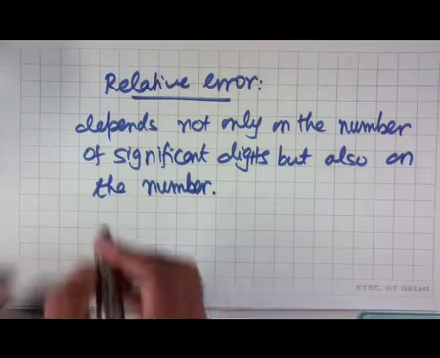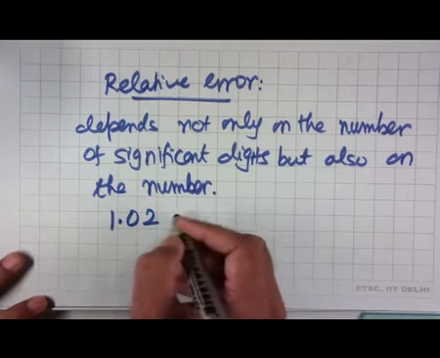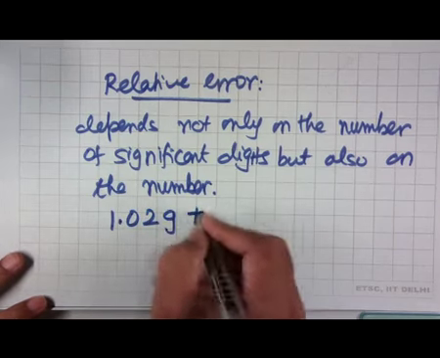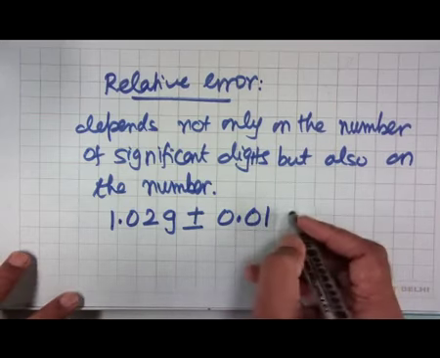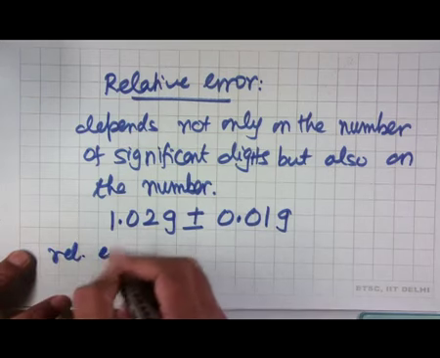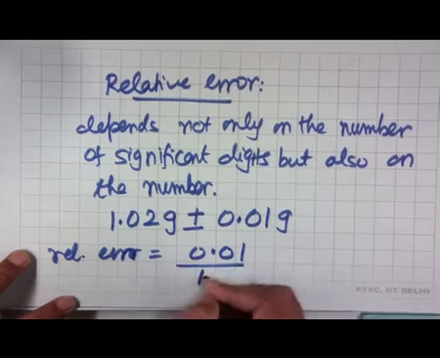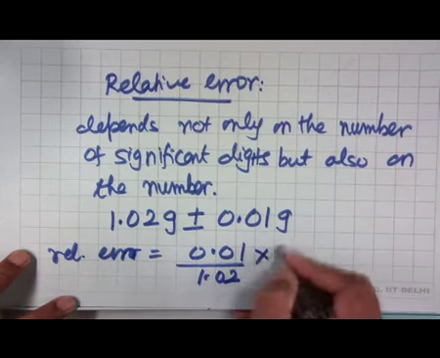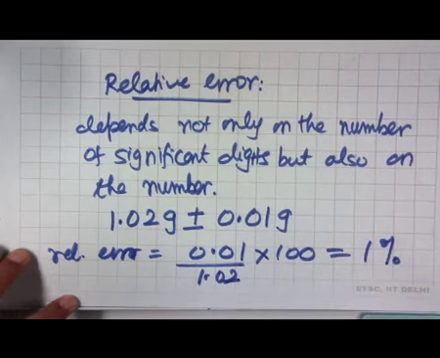So, for example, when I look at a mass being measured which is 1.02 grams, and I measure it up to an accuracy of 0.01 grams, then the relative error here is 0.01 divided by 1.02 into 100, and this will be equal to 1%.